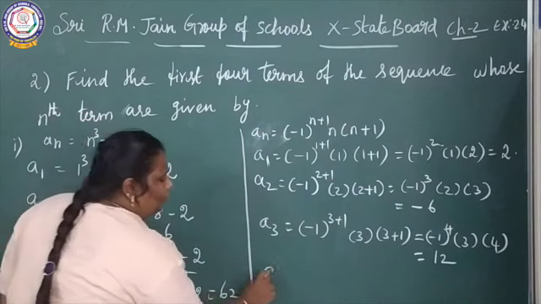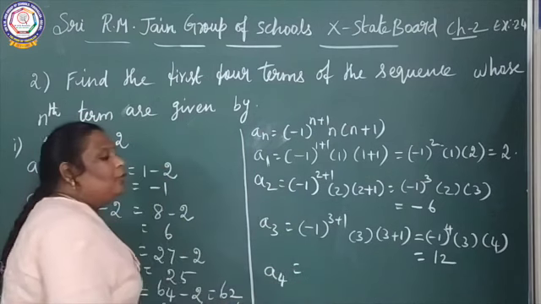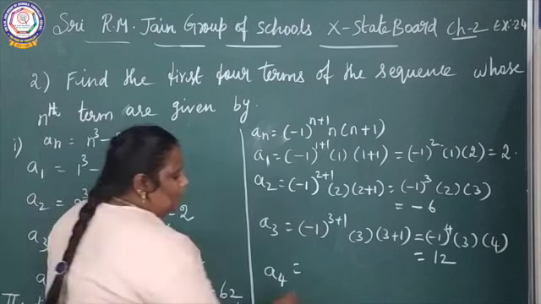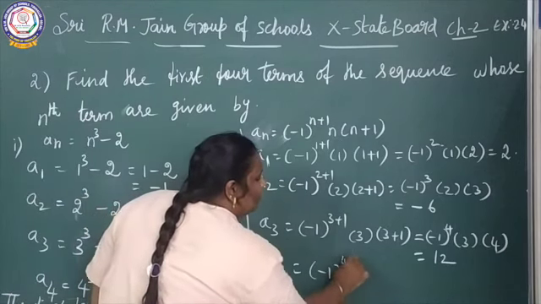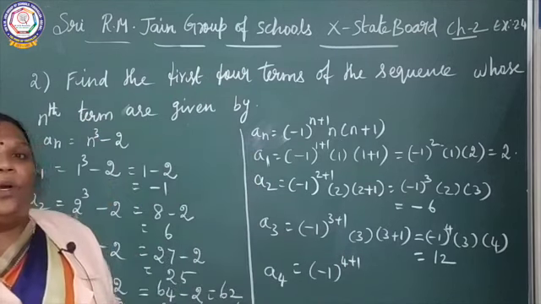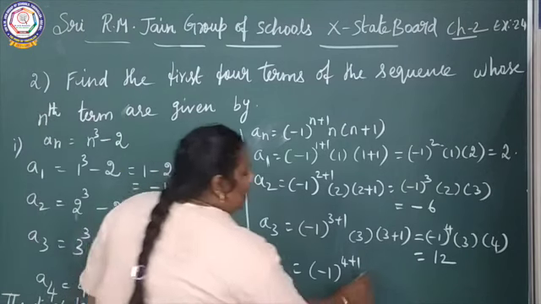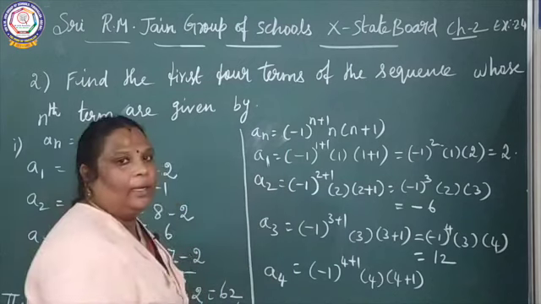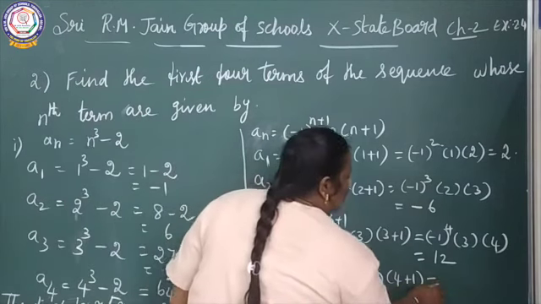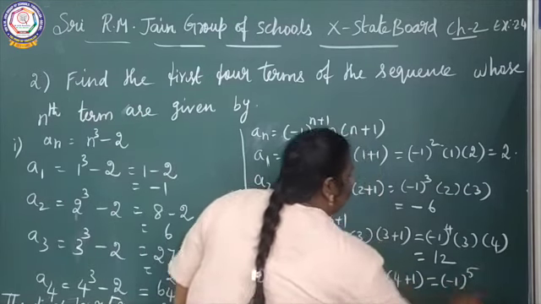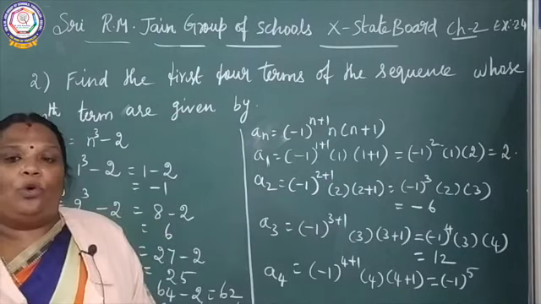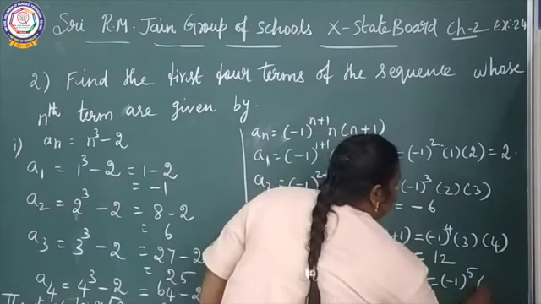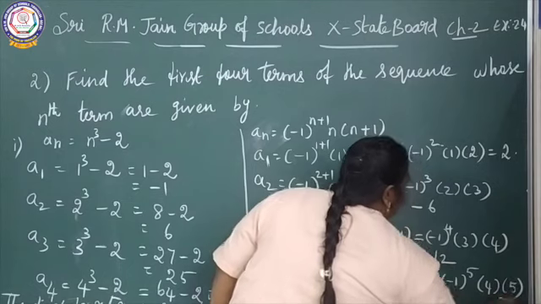Next, A4. N equal to 4. Minus 1 whole power 4 plus 1 into 4 into 4 plus 1. It gives minus 1 whole power 5 into 4 into 5.